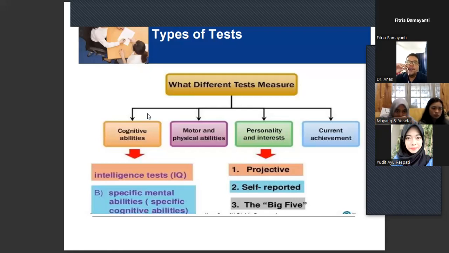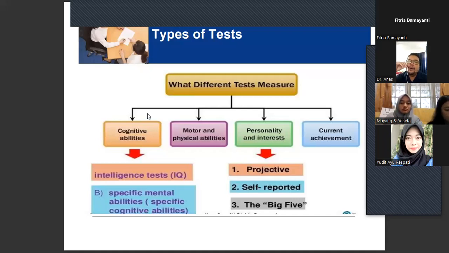So basically in the interview for lecturers and senior lecturers at the universities in Malaysia, the top management like the vice chancellor or rectors, they are just based on the personality and interest, and also the current achievement.